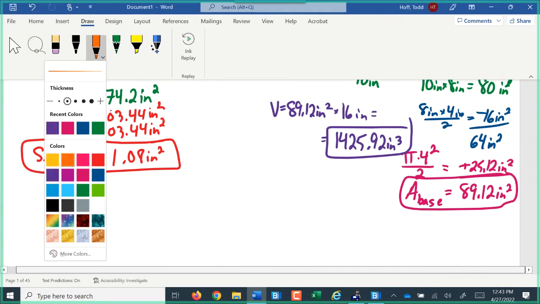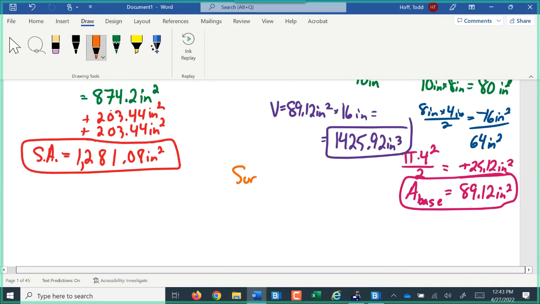Surface area. We have the area of the bases right there. There's going to be 2 of those. We need lateral area. What 2 things do I need to know to find the lateral area?